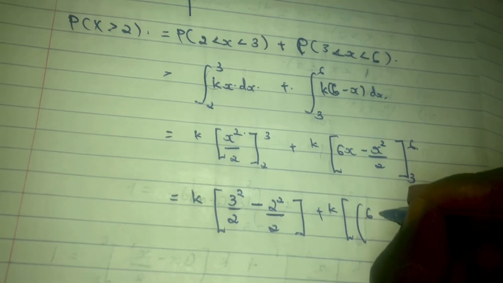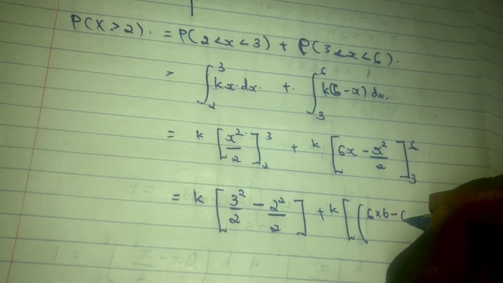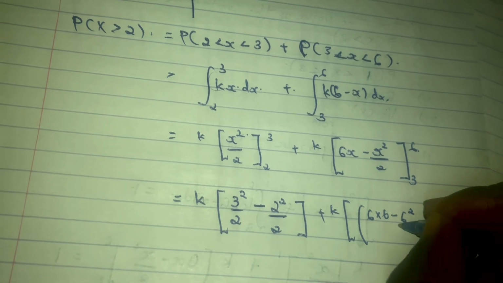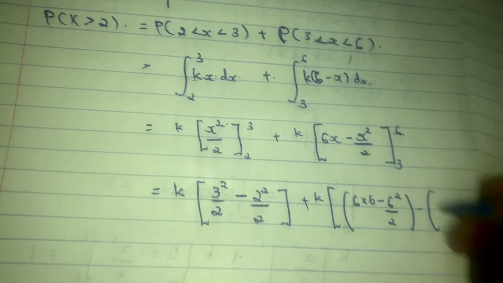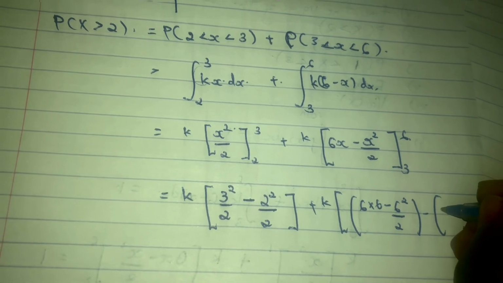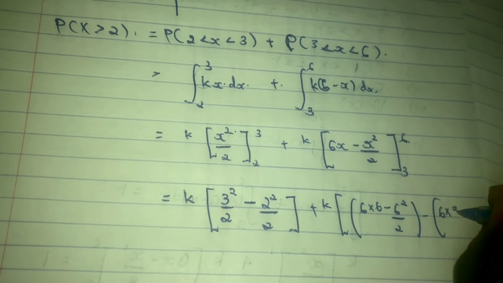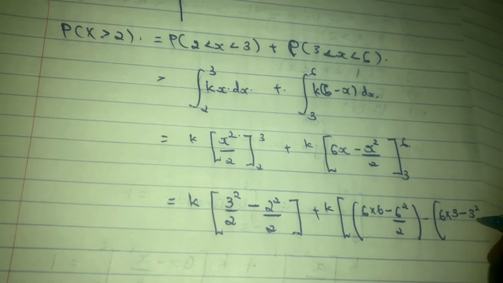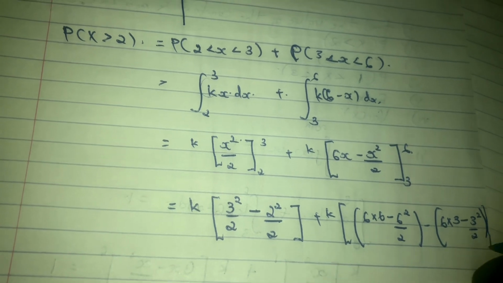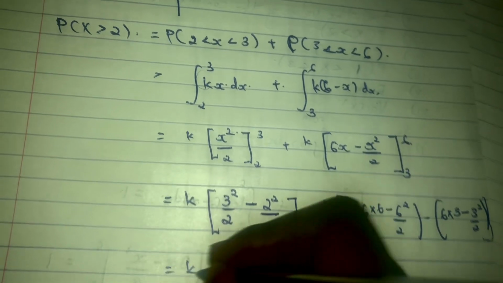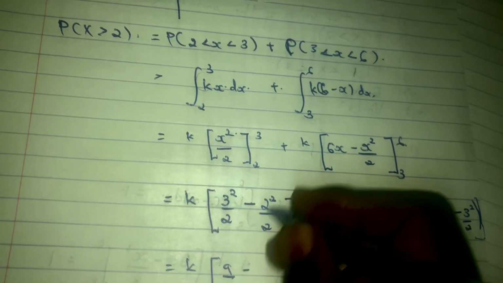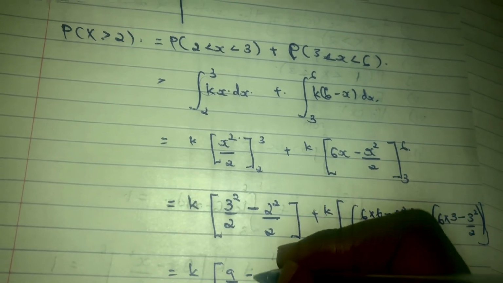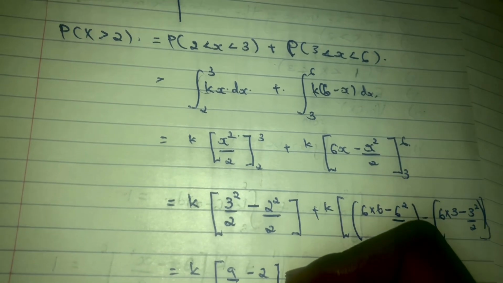This is 6 times 6 minus 6 squared over 2, minus, here we have 6 times 3 minus 3 squared over 2. Are we together? Leaves us with k into 9 over 2 minus 2 squared, which is 4, divided by 2, 2. Are we together?